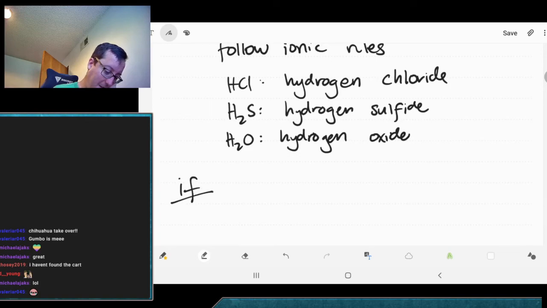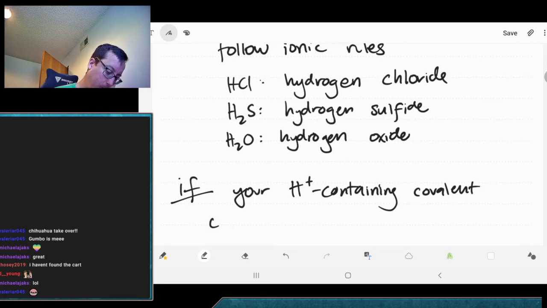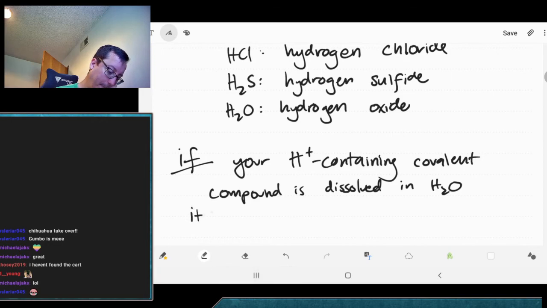If your H+ containing covalent compound is dissolved in water, it is acidic. And so we're going to name them as acids.